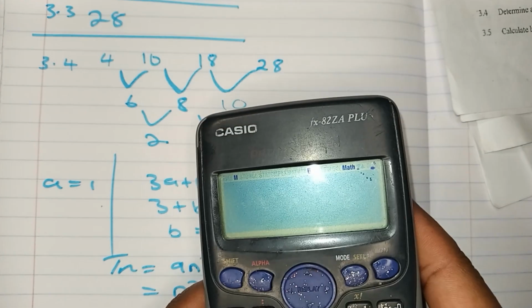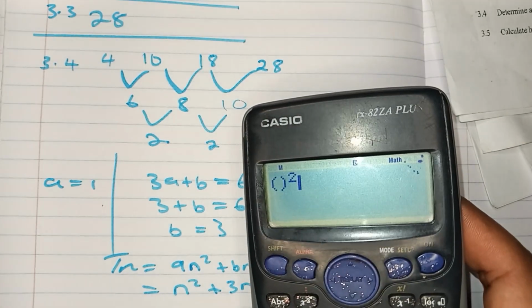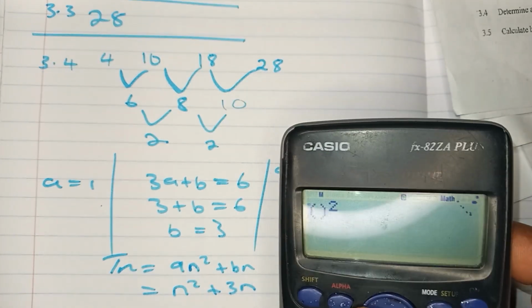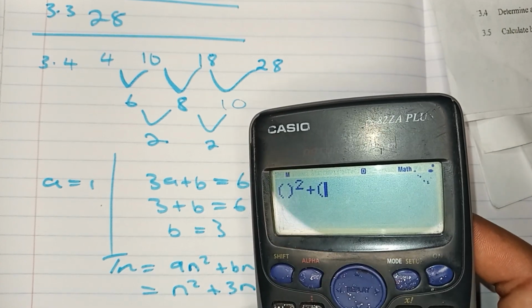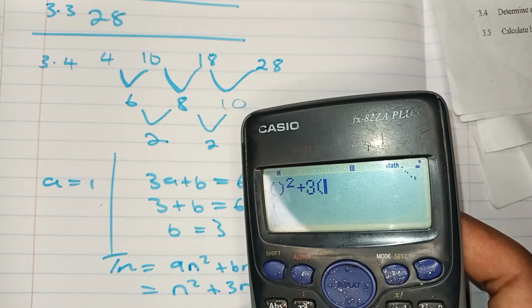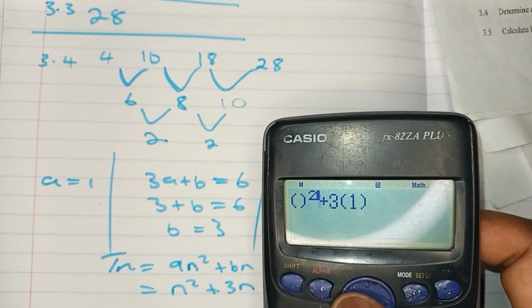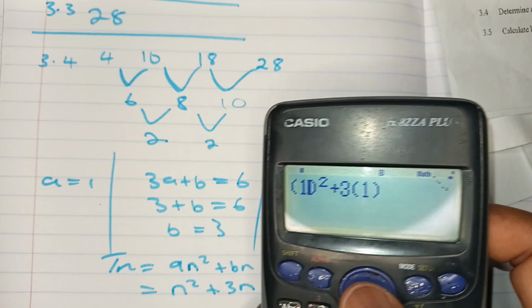I'm going to test this out here. So it's going to be n squared, and then plus, so I'm wrong, it's 3n. Right, so term 1 we have something like, this is true.